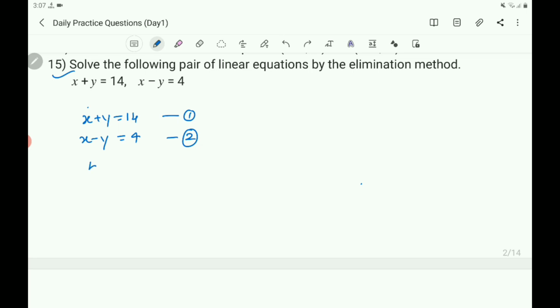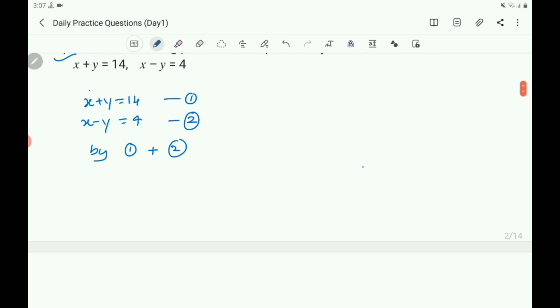So you write first plus second. So first one is x plus y plus x minus y, LHS plus LHS, 14 plus 4. This plus this equals this plus this.